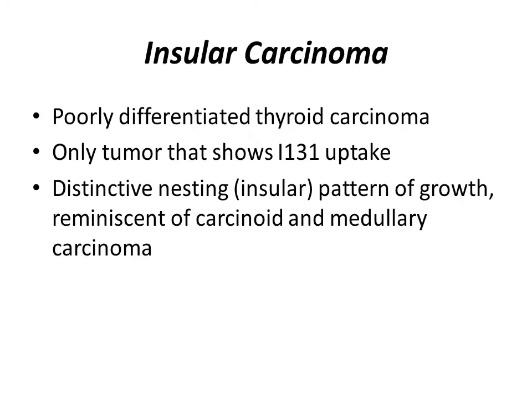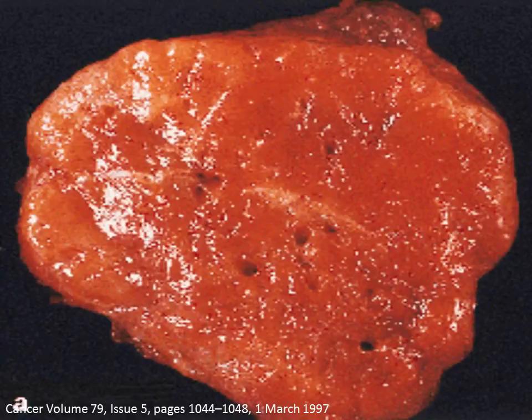The insular carcinoma is a poorly differentiated thyroid carcinoma, the only tumor that shows iodine 131 uptake. It has a distinctive nesting or insular pattern of growth, which is reminiscent of carcinoid or medullary carcinoma.